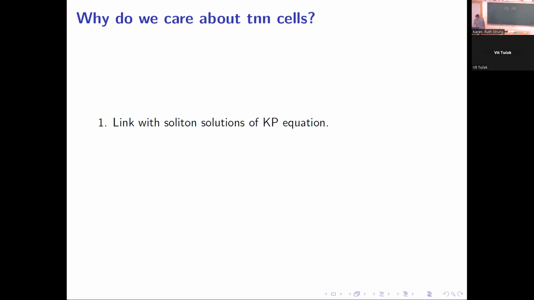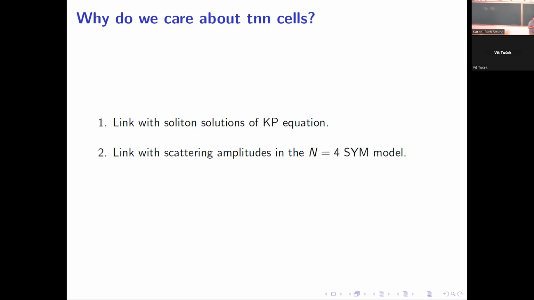And maybe the most exciting at the moment is that understanding it will allow you to compute scattering amplitudes in the N=4 super-Yang-Mills models. Basically, you integrate forms on an object called the amplituhedron, and it is constructed from the totally non-negative cells in the Grassmannian.